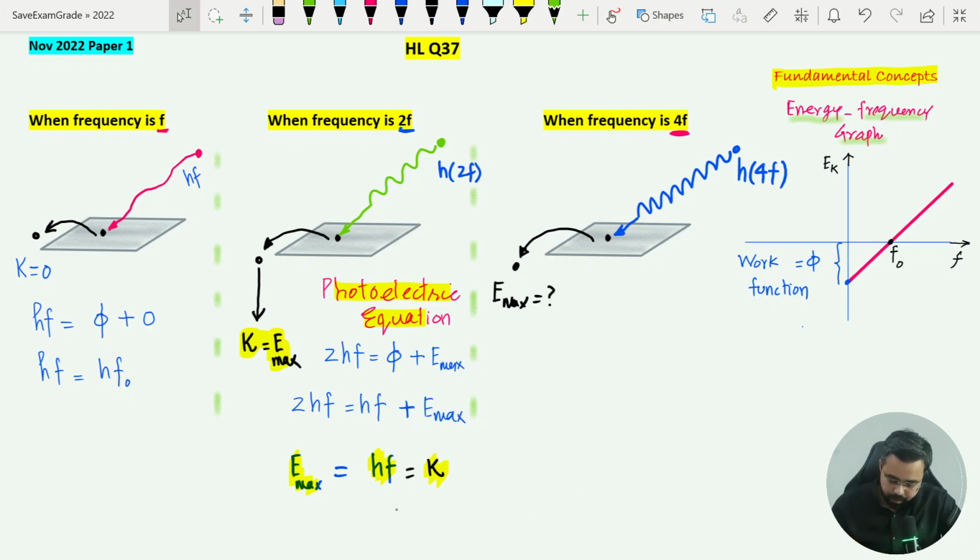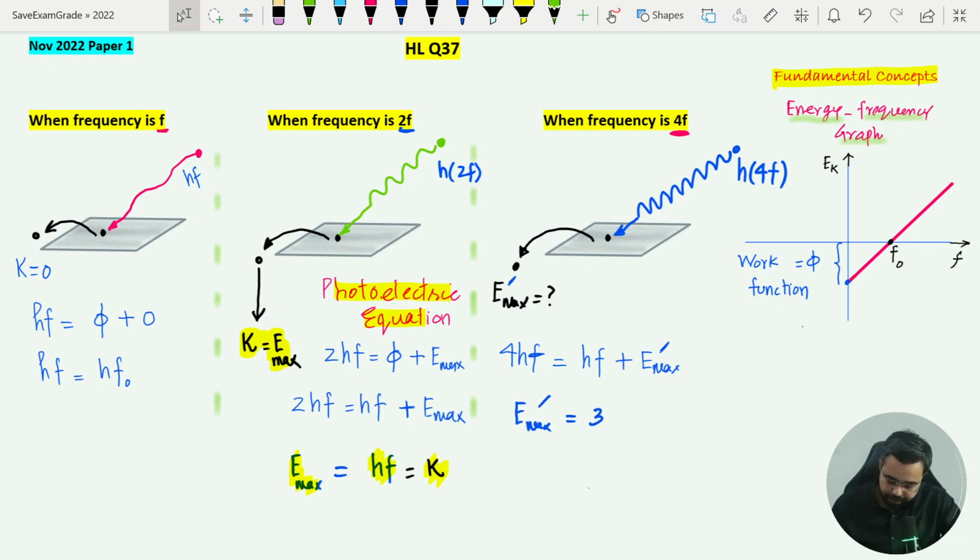Let's find out. So let's apply again the photoelectric equation. The incident energy 4hf is equal to the work function, which is the same, that we can write as hf, plus the new kinetic energy of this electron.